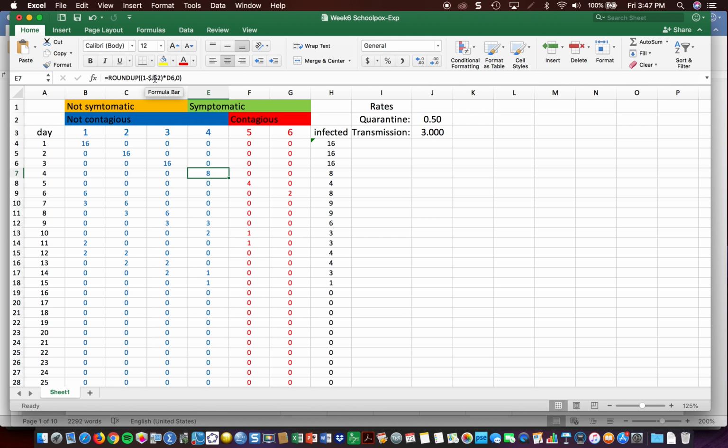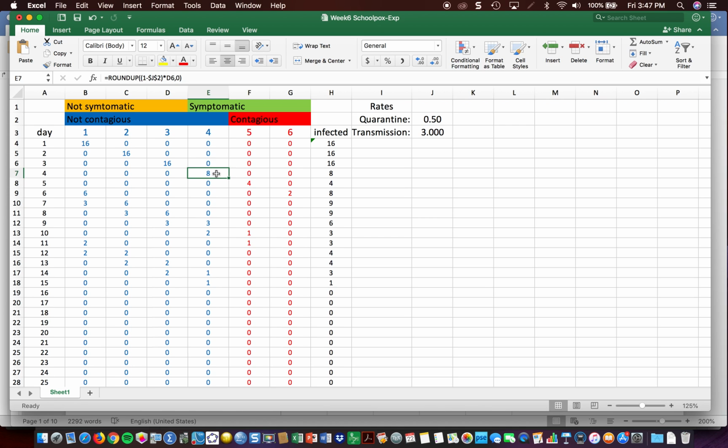Then I realized that we're going to have to adjust this quarantine rate for different problems. So I thought it would be beneficial to have a cell where we could put in the quarantine rate. If the quarantine rate was 50%, we could just take 1 minus 50%, which gives us 50% on this one, and multiply that by the number of students that were day 3 sick.